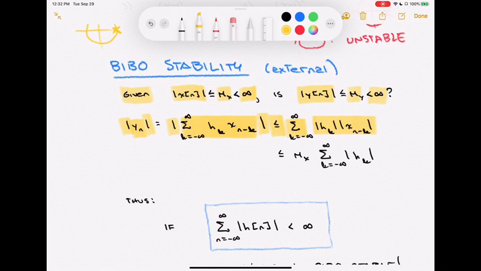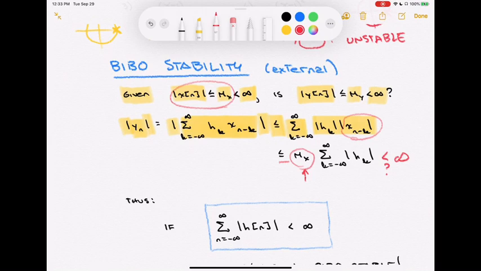But what do I know from my given? I know that x is always smaller than a finite value, so this is always less than or equal to some value Mx. I'm just going to pull that Mx outside the sum sign. If I want to know whether this thing is less than infinity, Mx is a finite number.